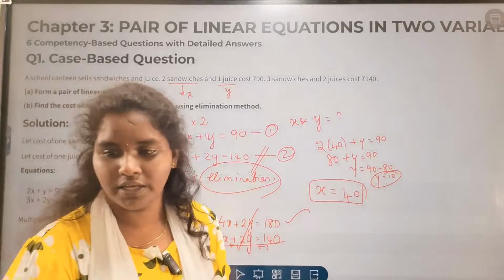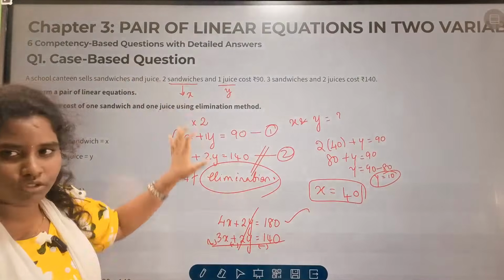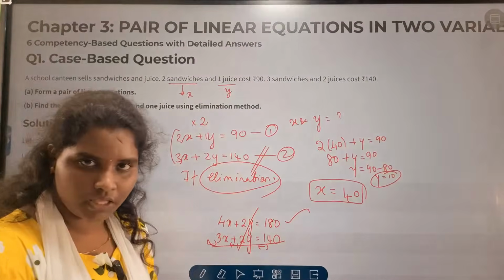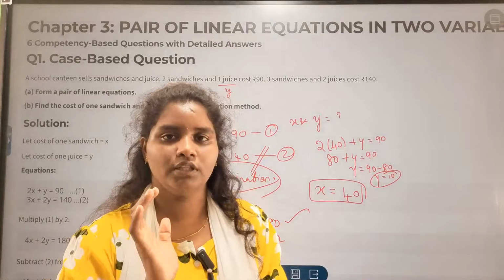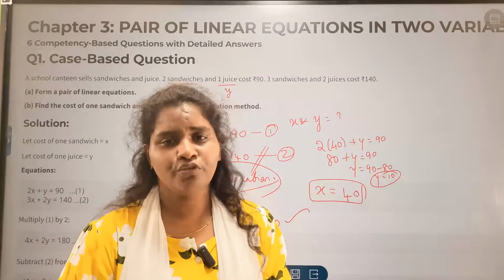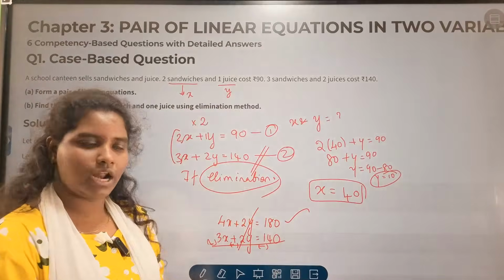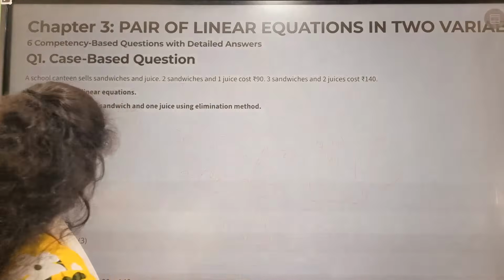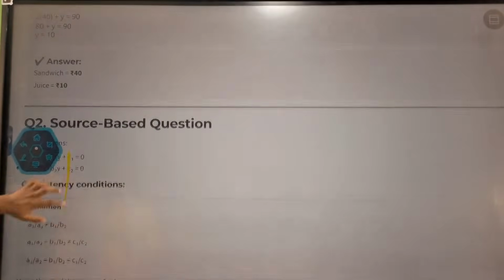Till this, it's clear. This case-based question we solved by using the elimination method. If you don't know the elimination method, just go with the substitution method. Whichever you feel is easy, you can try. Both methods are easy, elimination and substitution. So the sandwich value is 40 and the juice value is 10.